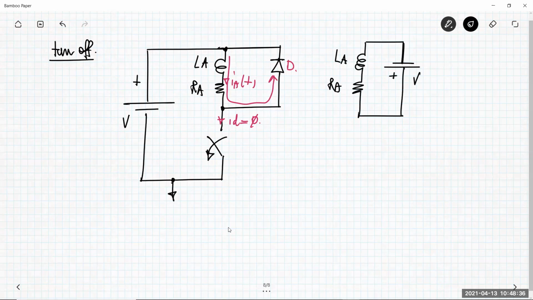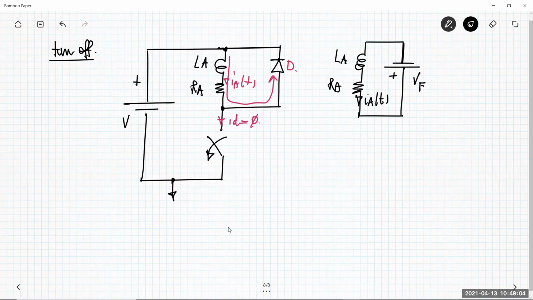Let me call this VF or V gamma, which is the on voltage of the diode conducting. So the current here is IA of t, and this is the circuit. We want to define the time evolution, but the circuit is always the same circuit we previously analyzed. There is no surprise.